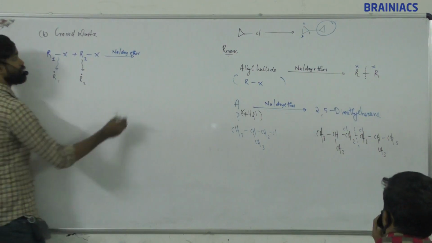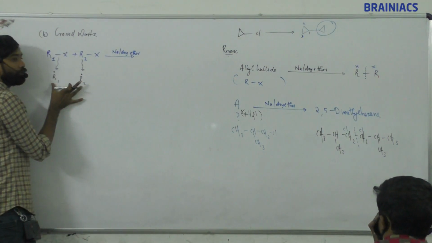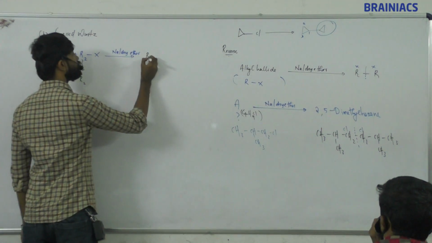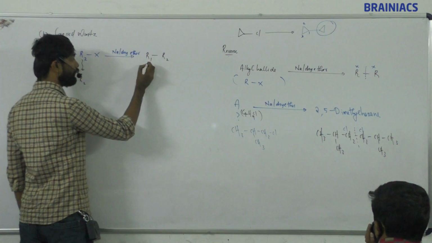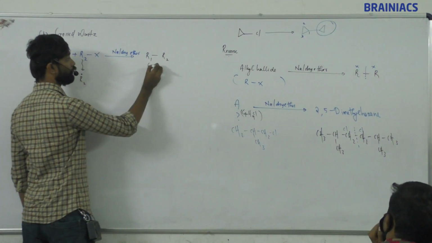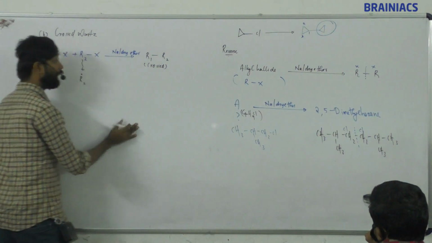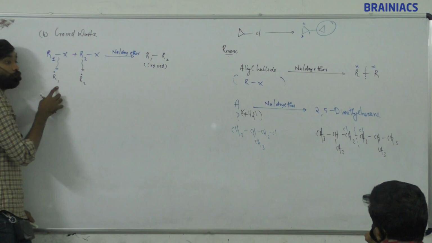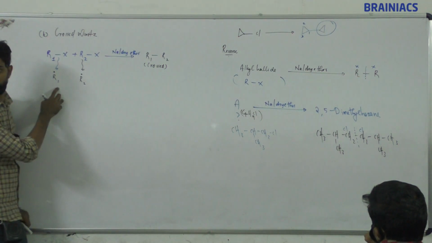So what are the chances? There may be a combination of R1 and R2 free radicals to form the R1-R2 alkane. This is the perfect crossed one. And we know that there may be more than one R1 in that system, right?